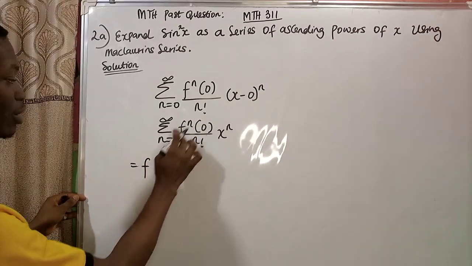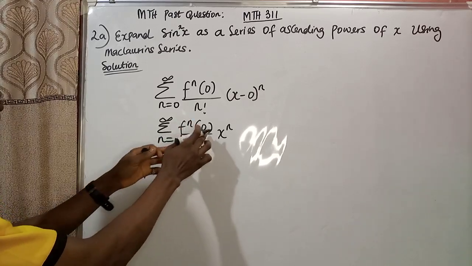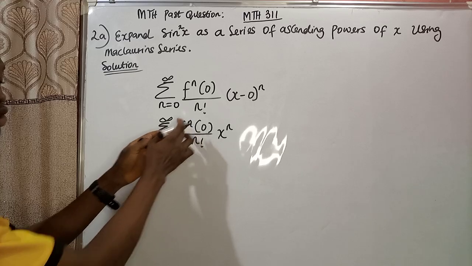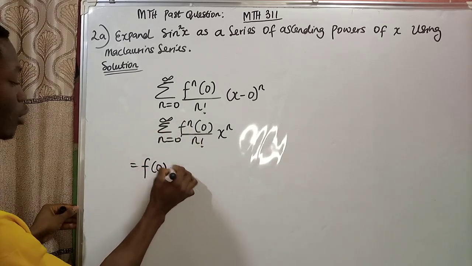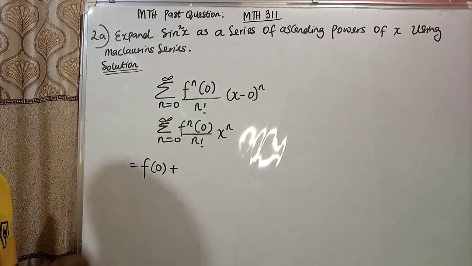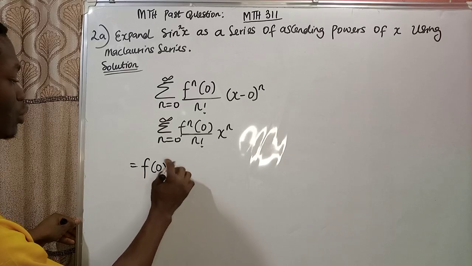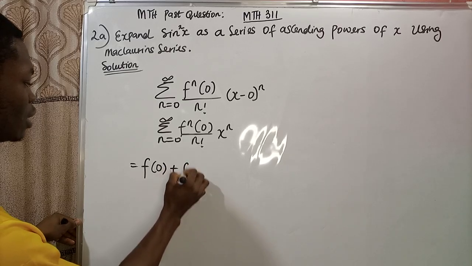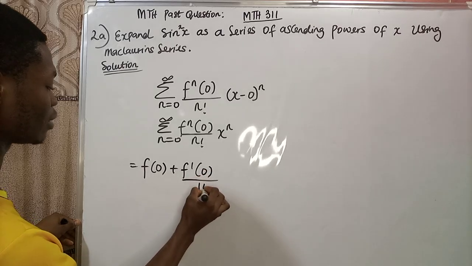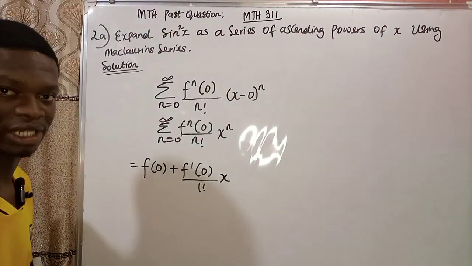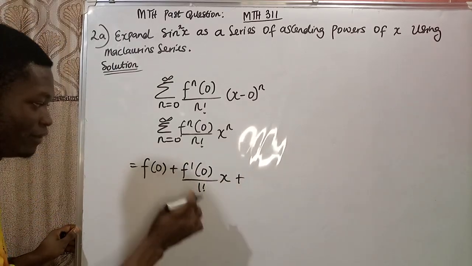So this is equal to f of 0, where n equals 0. This 0 is now a function of 0, not the derivative. So we have f of 0 plus, if you put 0, 0 factorial is 1. So we have f of 0 plus f prime of 0 all over 1 factorial times x. This is the first derivative.